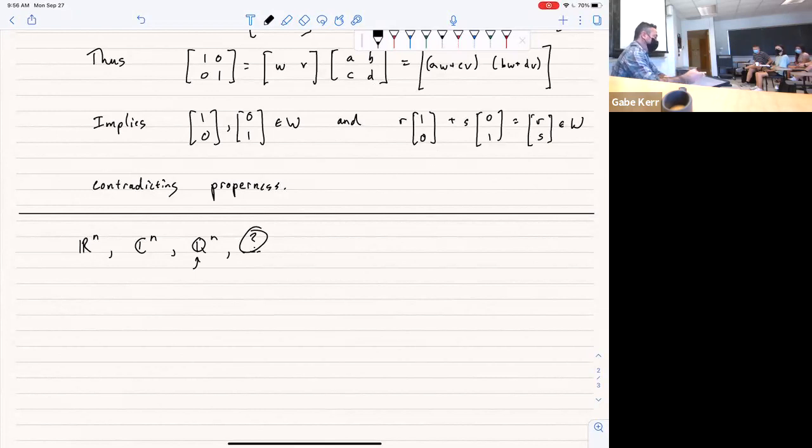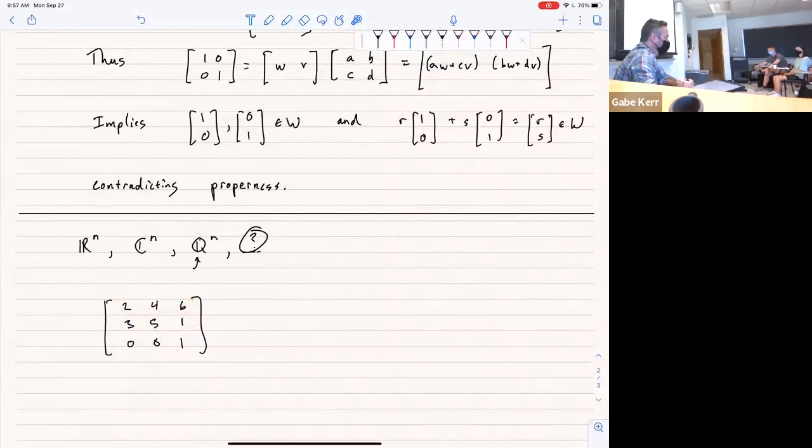But let's just ask that question. If I have something like this, I want to do my first step to put something in row echelon form here. I don't need to switch rows here. I don't really need to add.